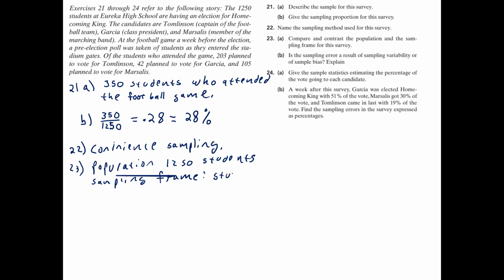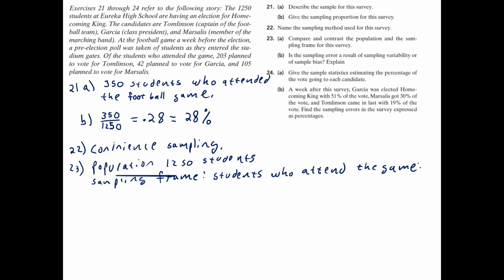Not all students attend the football game. Now, they may be there for different reasons, so I don't think it's fair to say football fans, but they may be there to watch the marching band or just to socialize. But you're only going to catch people who attend the football game, and not everybody attends the football game. And so then you're leaving out a large portion of the population.